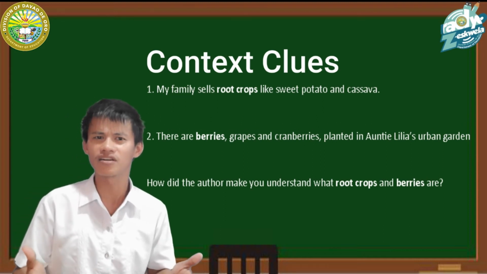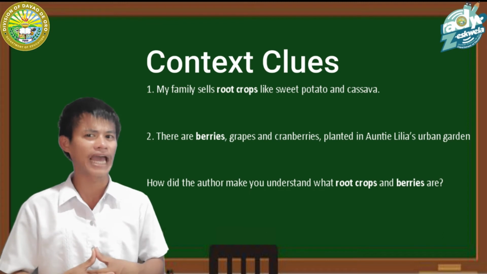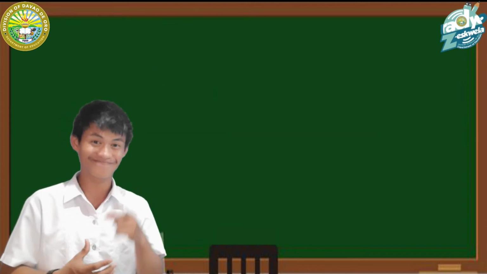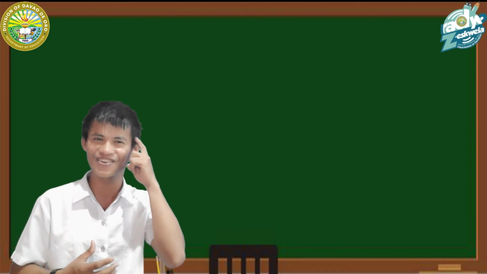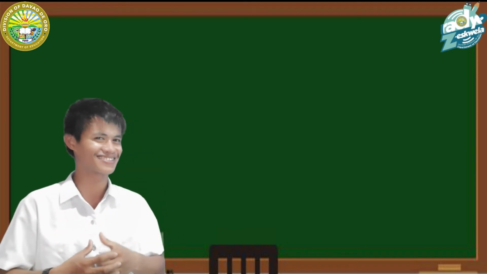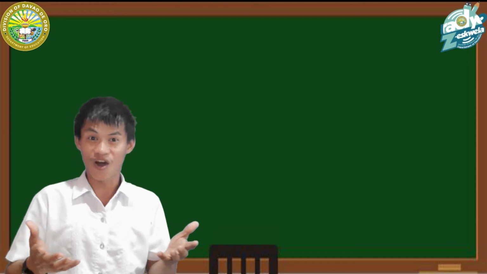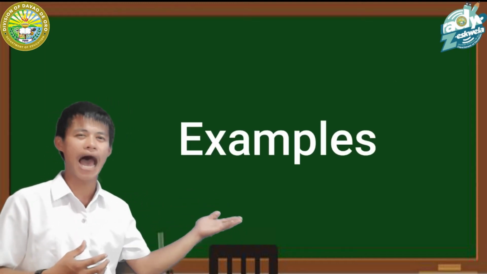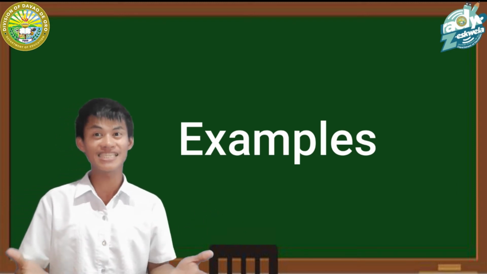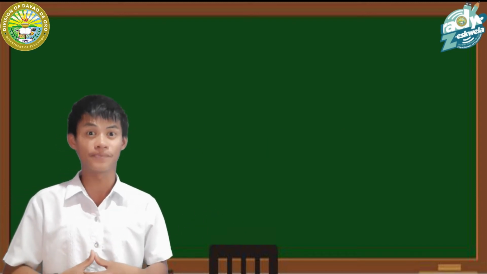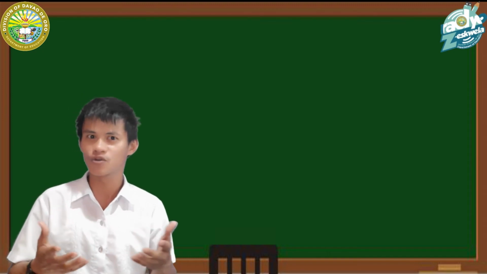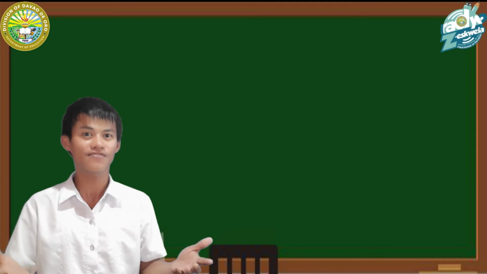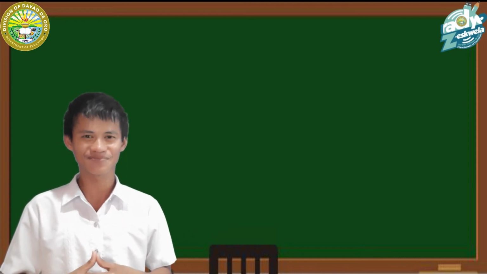How did the author make you understand what root crops and berries are? You have to think of an answer. The author gave examples. Potato and cassava are examples of root crops, while grapes and cranberries are examples of berries.